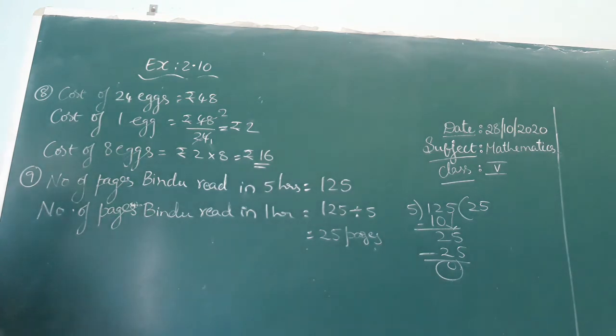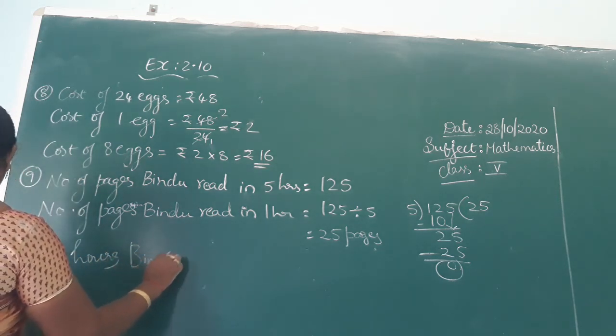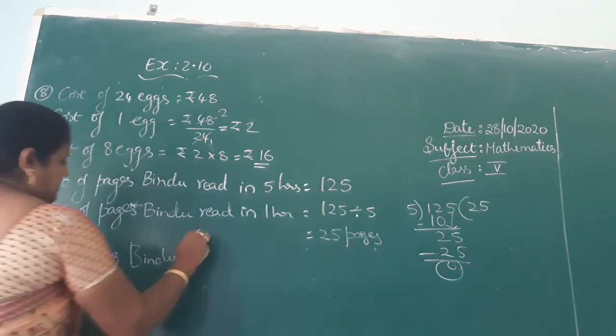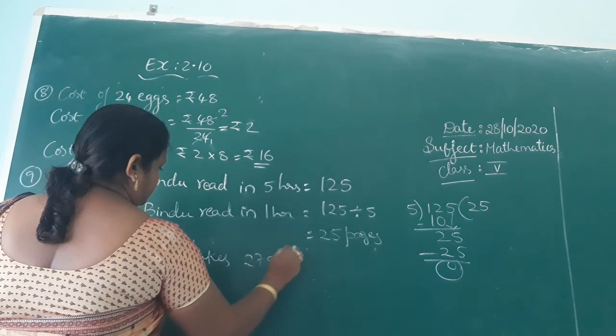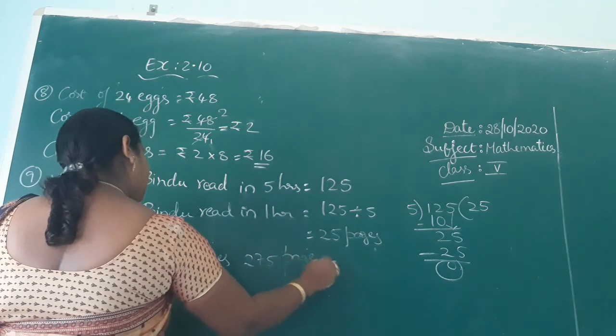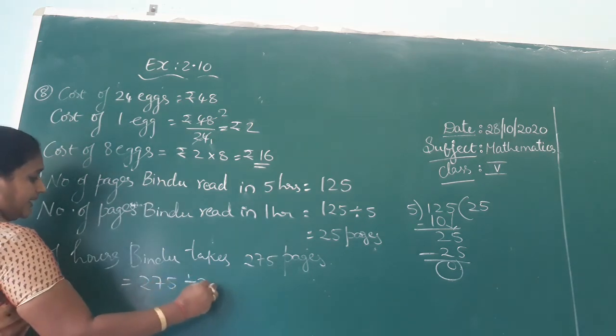But here they have given 275 pages to read. How much time will she take? The number of hours Bindu takes to complete 275 pages means 275 divided by 25.